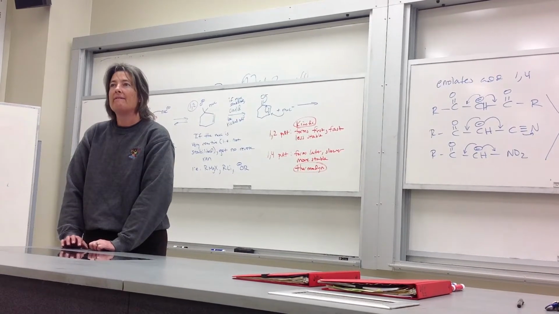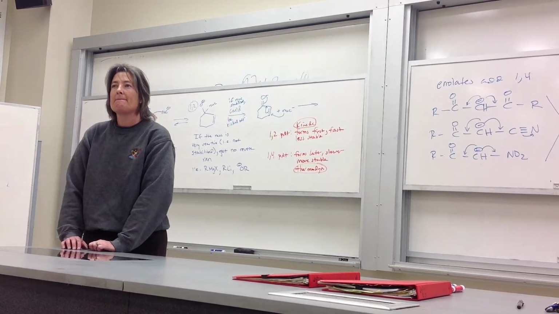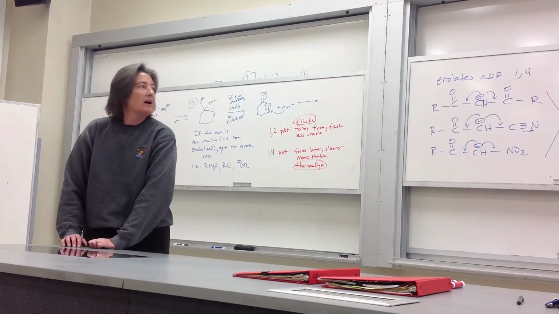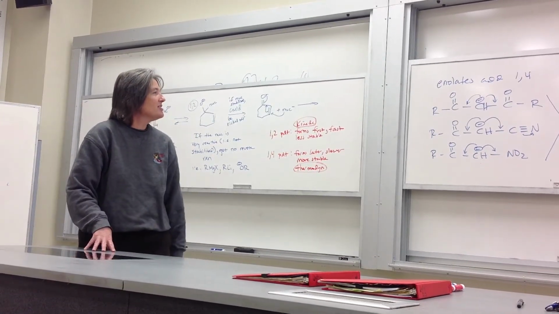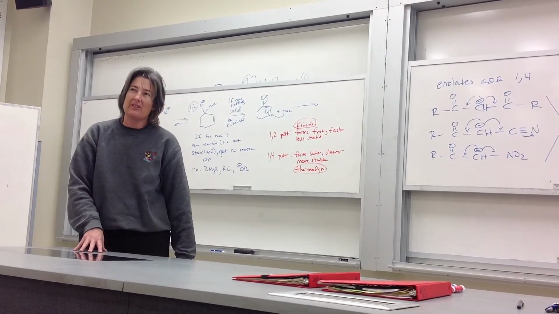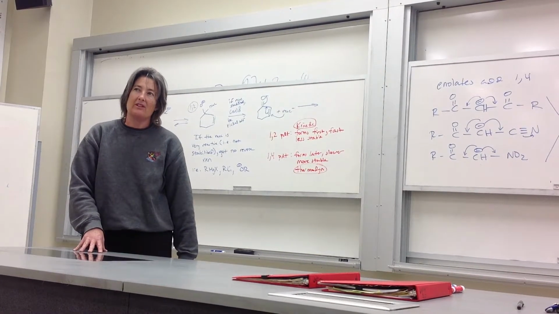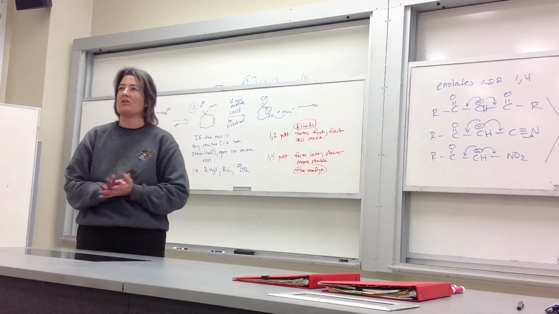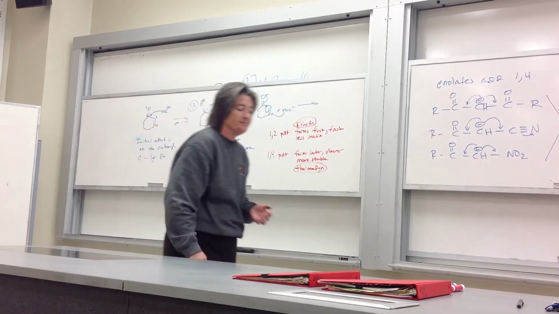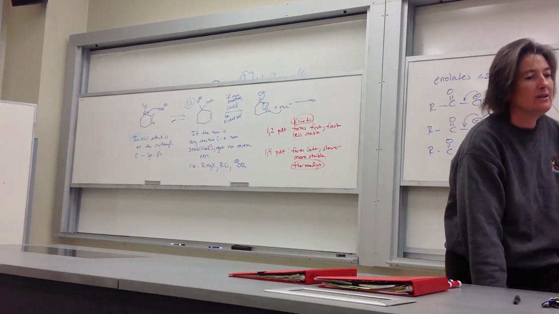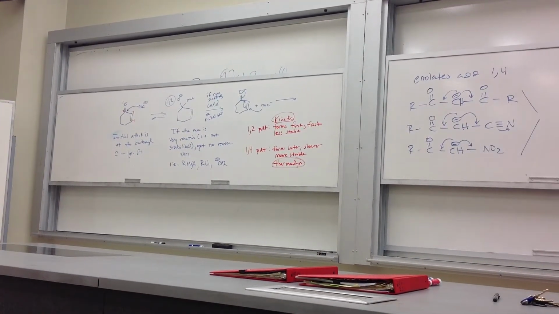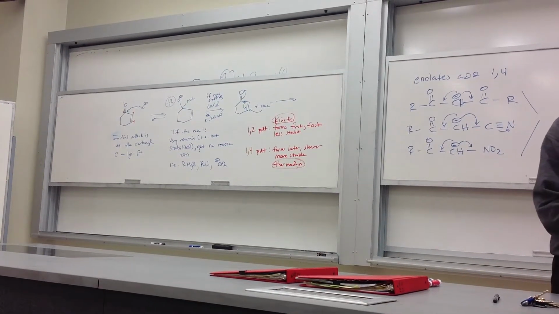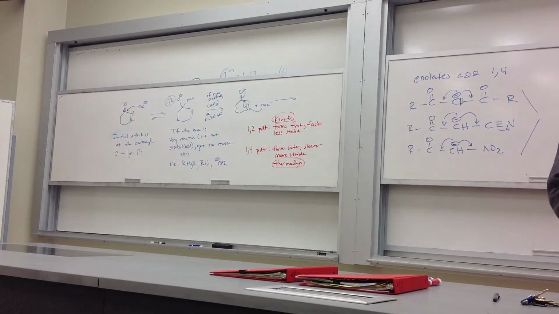It wasn't good. You can still have a bromine on a benzene and then do a Grignard with that, right? Absolutely. Yeah, you can have a bromine on a benzene and you can do a Grignard with it.